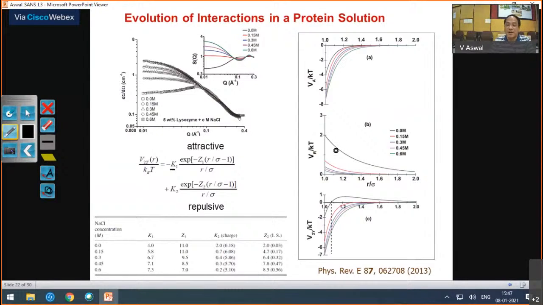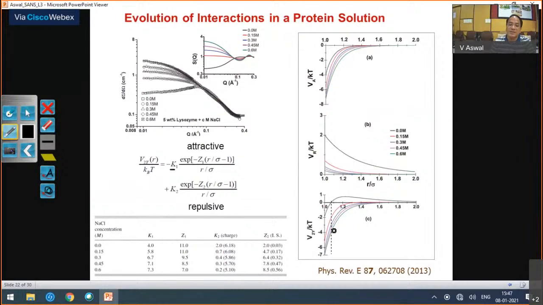Your repulsive part is suppressed as you increase the salt concentration. And this is the total potential, your attractive plus repulsive. So at very high salt concentration, it is enough.